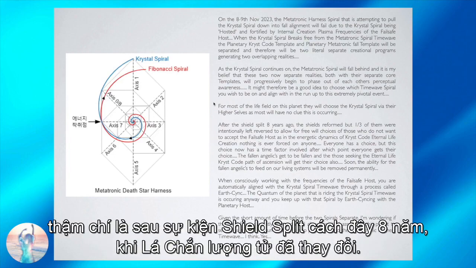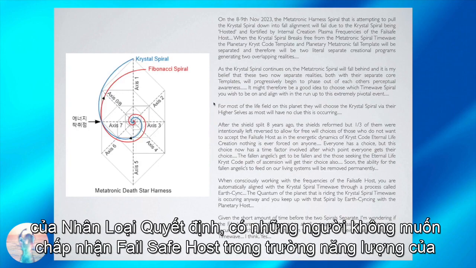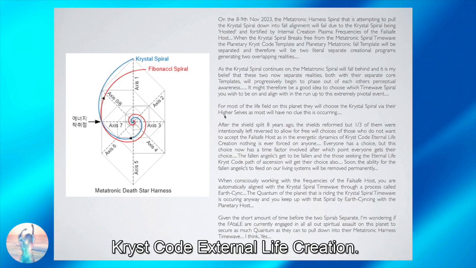After the shield split 8 years ago, the shields reformed, and 1/3 of those shields were intentionally left reversed to allow for free will choices of those who do not want to accept the failsafe host, as in the energetic dynamics of the Christ code, eternal life creation, nothing is ever forced on anyone.